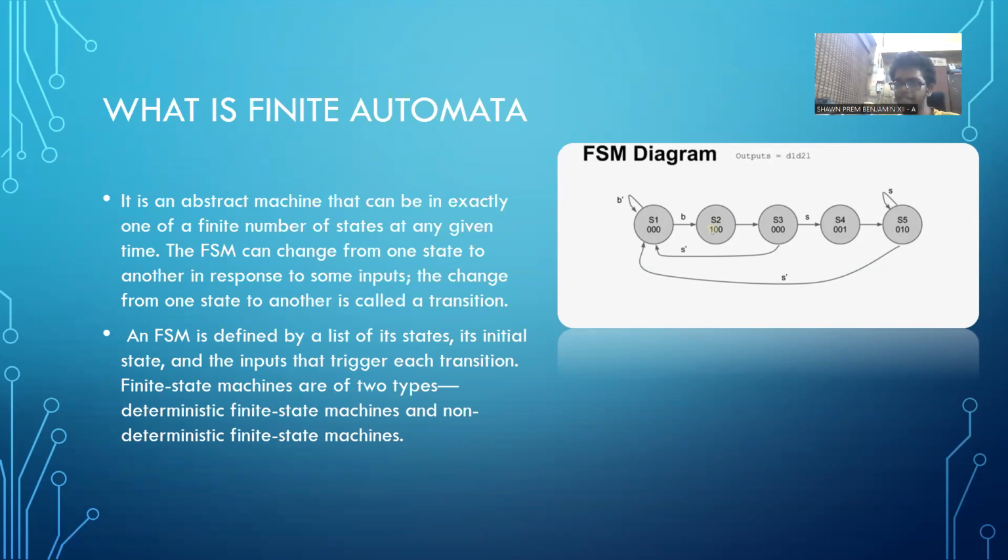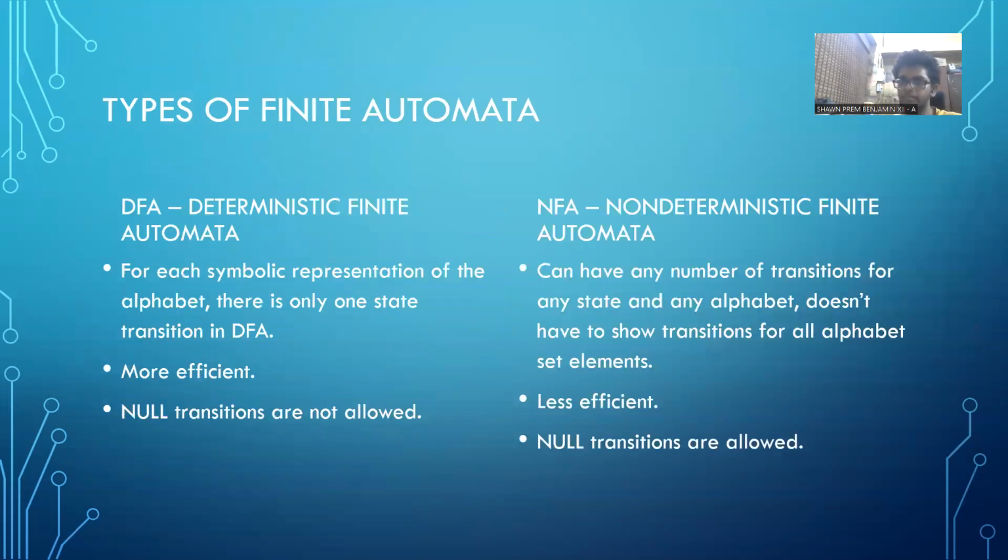There are two types of finite state machines: a deterministic finite state machine and a non-deterministic finite state machine. It can also be called as finite automata. Now let us see some differences. In a DFA, every single alphabet set element must be represented in each state, and there is only one state transition for each alphabet in a particular state.